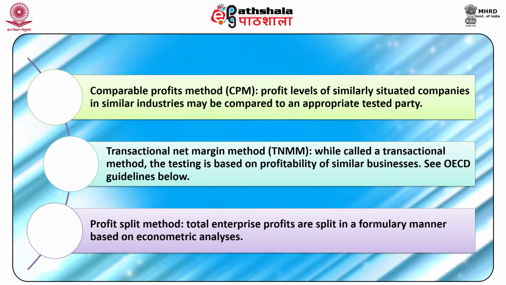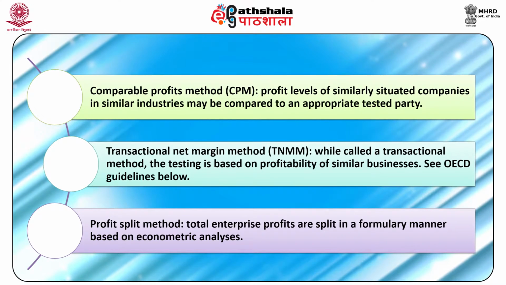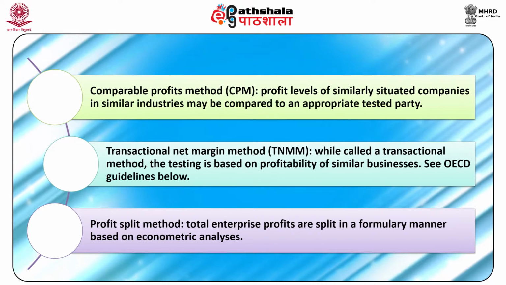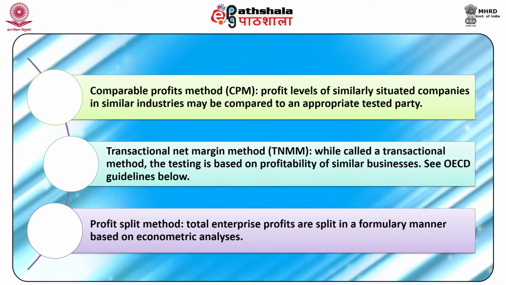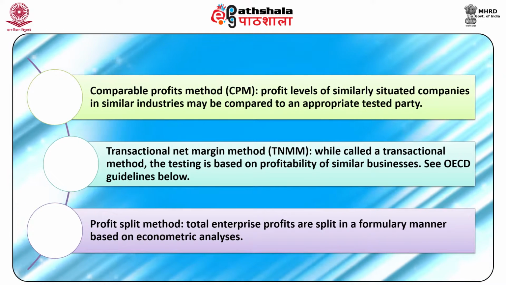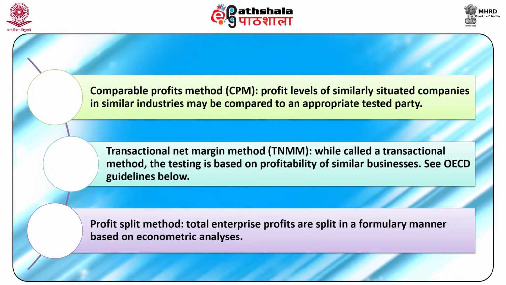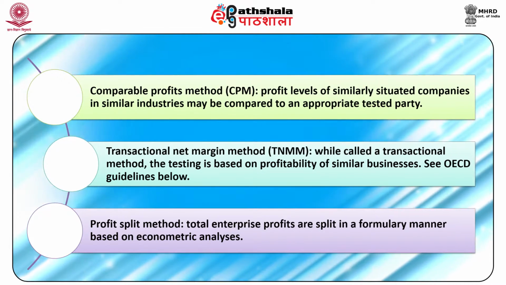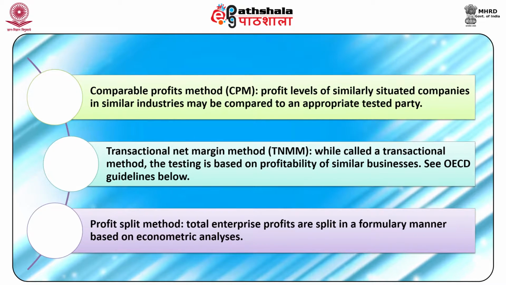CPM, which is comparable profits method, where the profit levels of similarly situated companies in similar industries may be compared to an appropriate tested party. Transactional net margin method, TNMM.